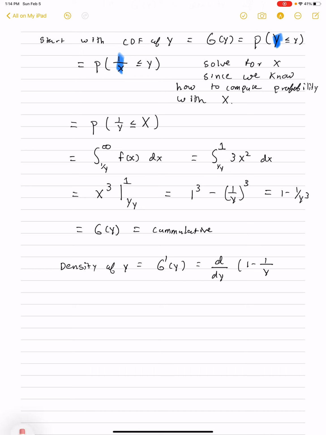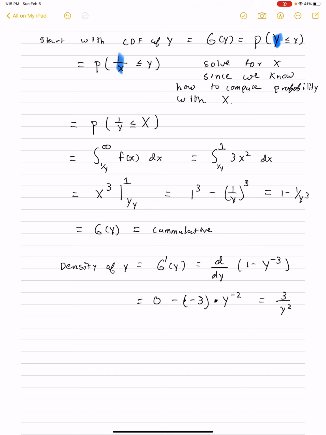And I'm going to write 1 over y cubed in a slightly different way. That's equivalent. That'll be y to the minus 3. So now the derivative of the constant's 0. I'll have minus, and then I bring down the minus 3. So I have minus a minus 3 times y to the negative 2. That's going to be equal to 3 over y squared.